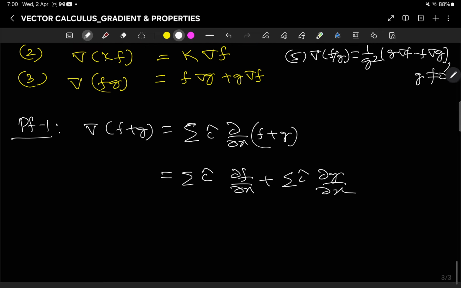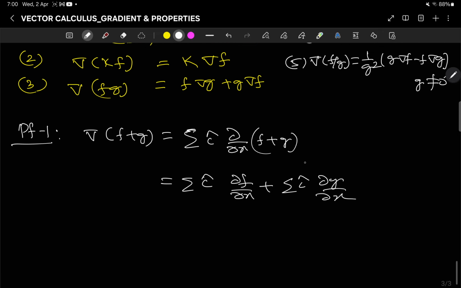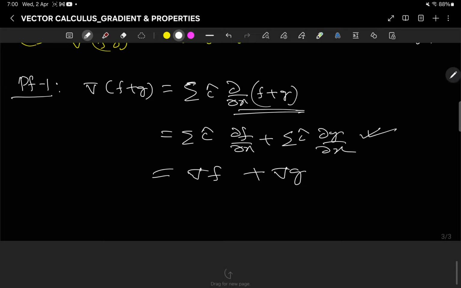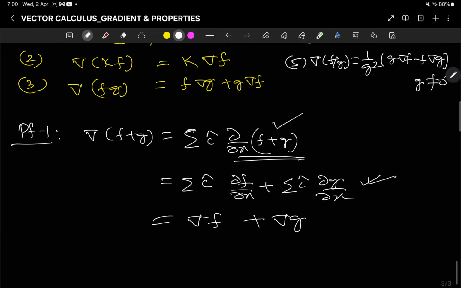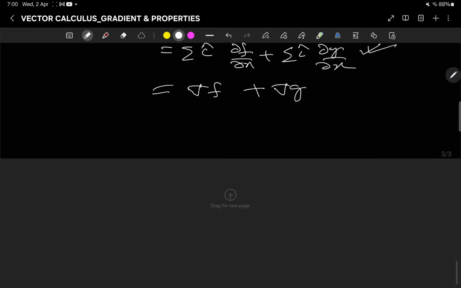It is because of the properties of the derivative, right? So this is nothing but grad of f plus grad of g. Or if you want, instead of the summation you write x, y, z, no issue.